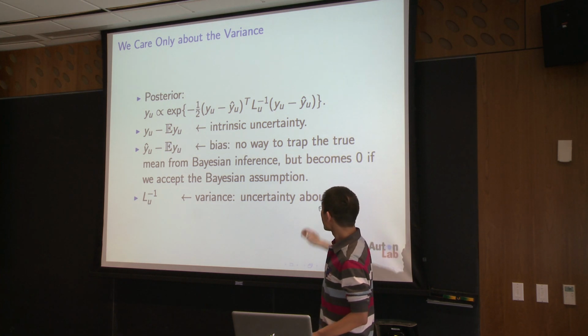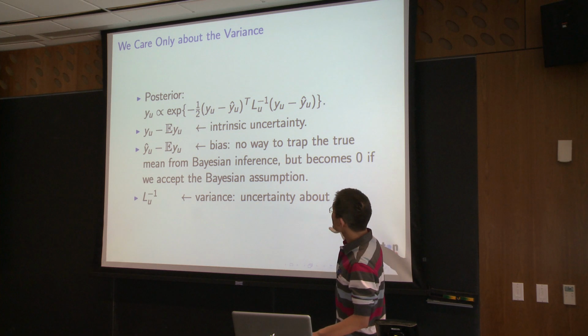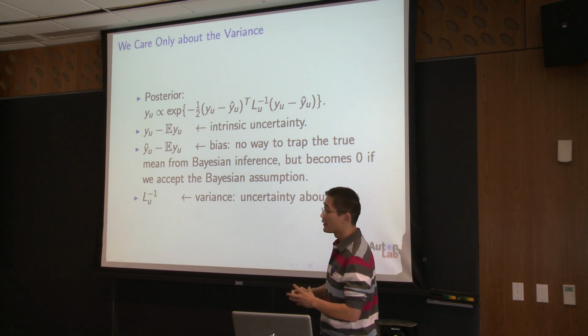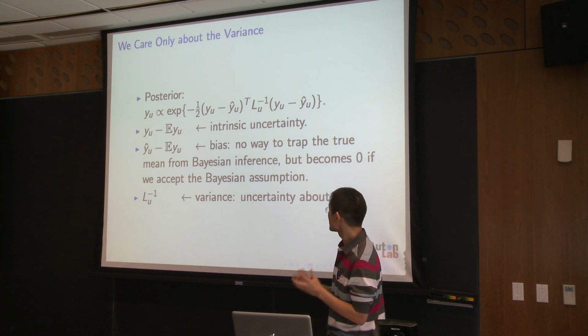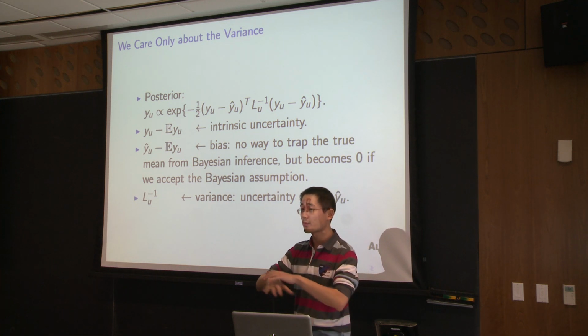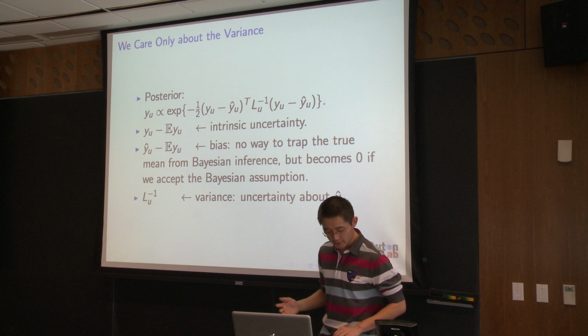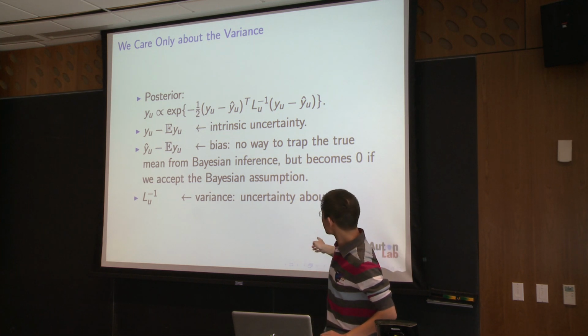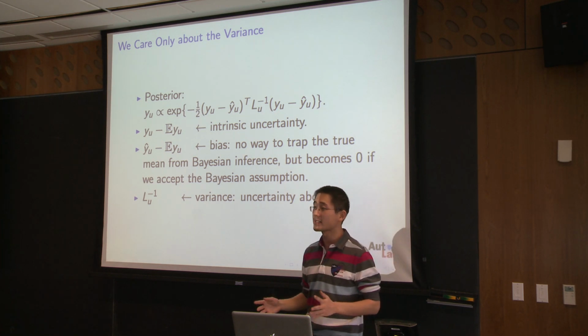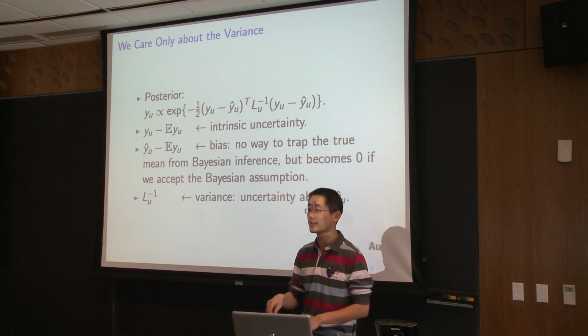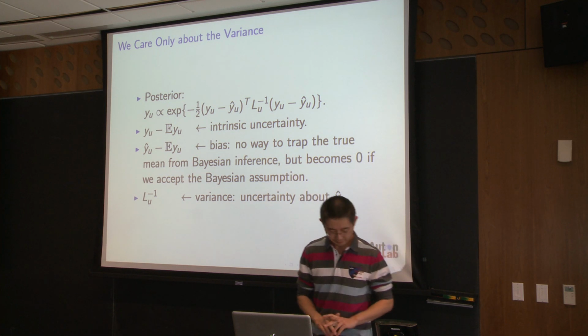Finally, we have this variance. And this variance is really the tool we use to control the uncertainty in the posterior. And how will this variance help us decide which k nodes we want to pick in our active learning problem?